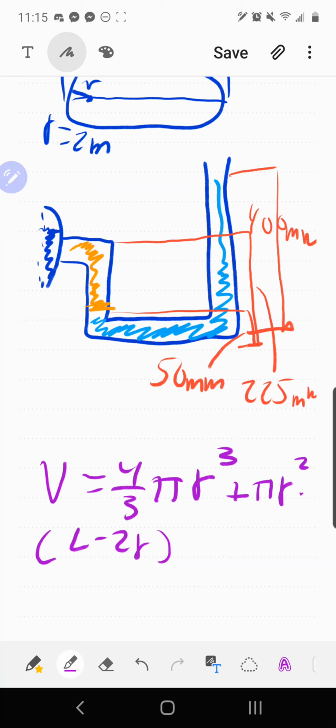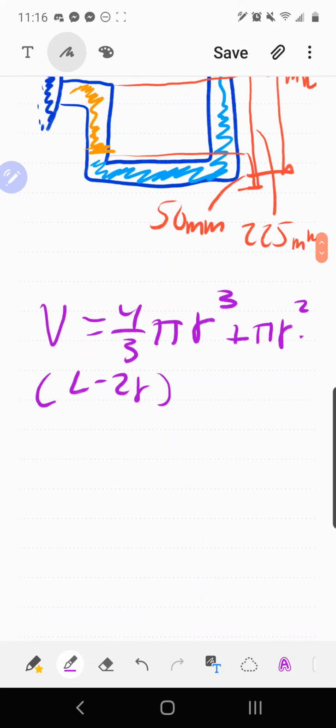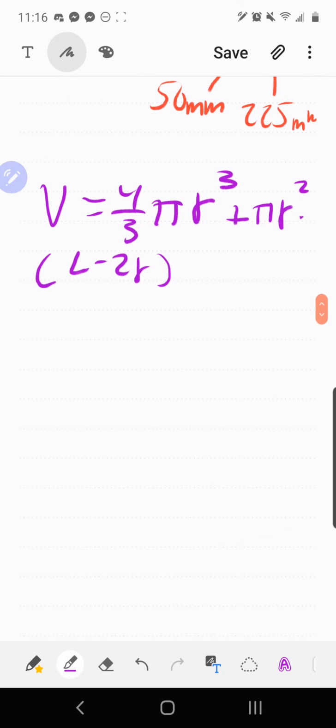This is the total volume of the tank: the volume of the two hemispherical ends and then the rest of the cylinder. That's what this equation is representing. This is going to be equal to 108.9 cubic meters.